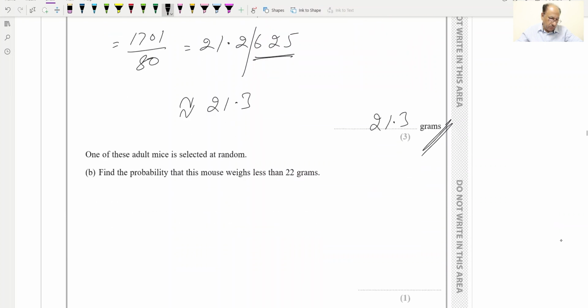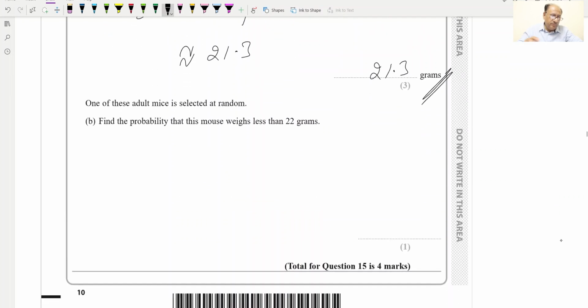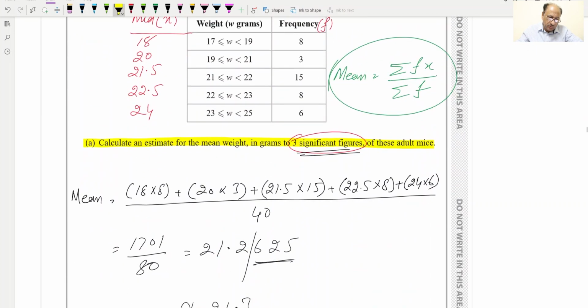Hopefully you understood this. On the basis of these, one of these adult mice is selected at random. Find the probability that this mouse weighs less than 22 grams. Less than 22 grams is which one?